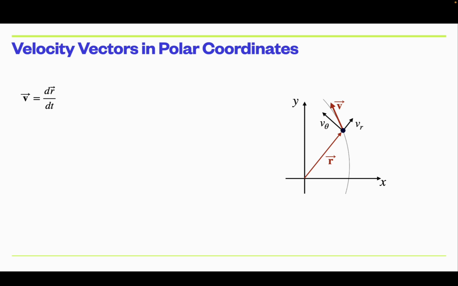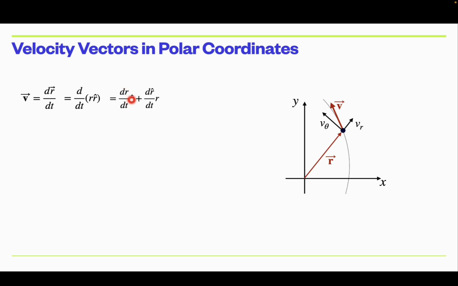So let's see what this looks like. Our velocity vector is just the time derivative of the position vector. We're going to do a trick here. We're going to write that the position vector r is just its magnitude r times the r hat unit vector. Now we have the product of two variables, r with r hat, so we'll use the product rule when taking the derivative.